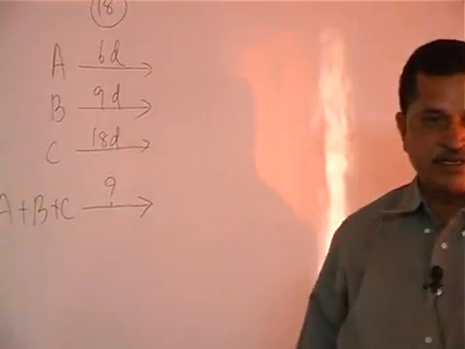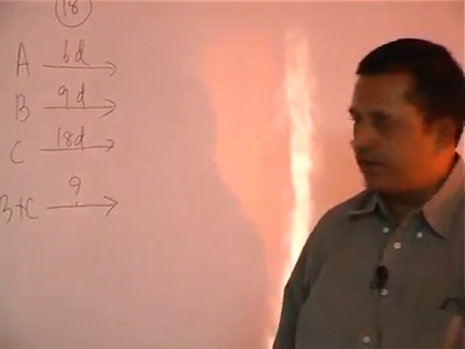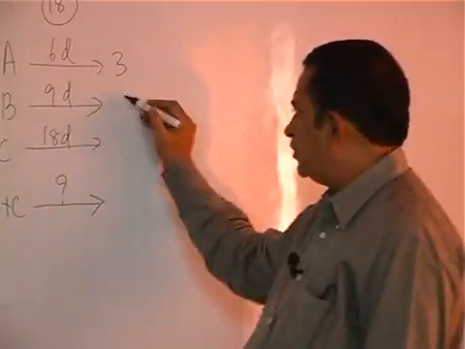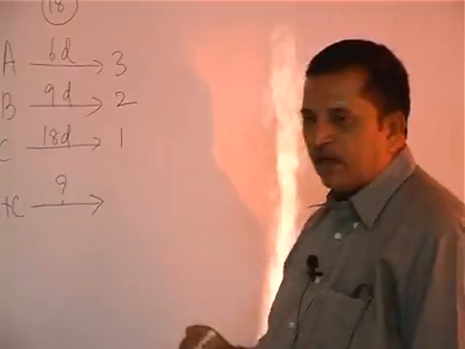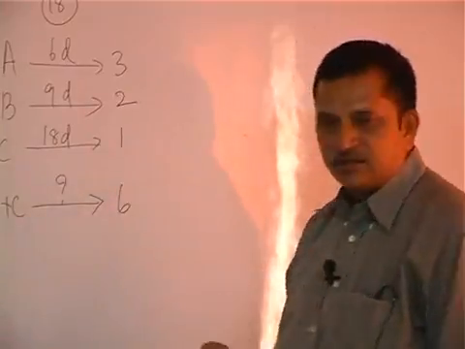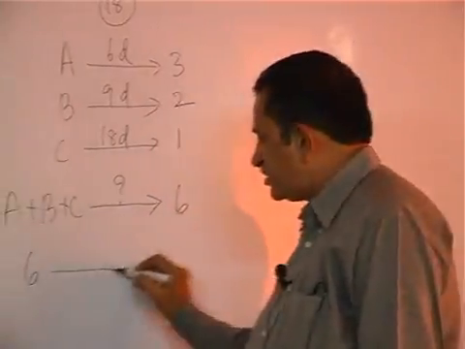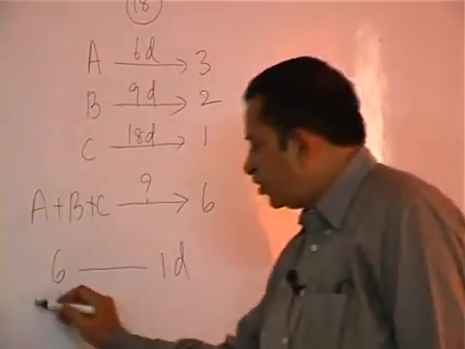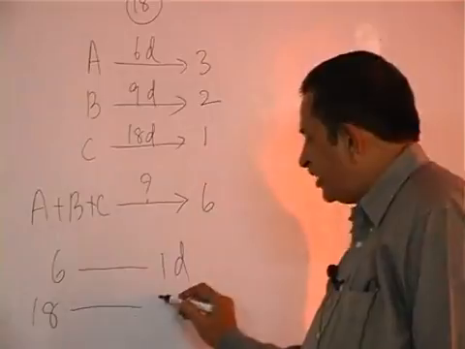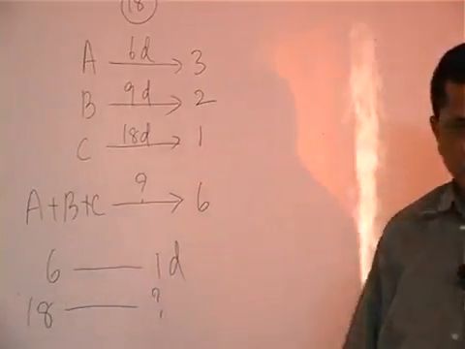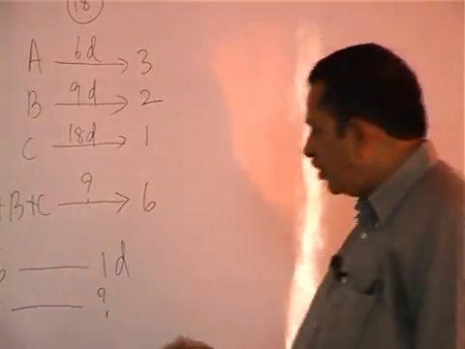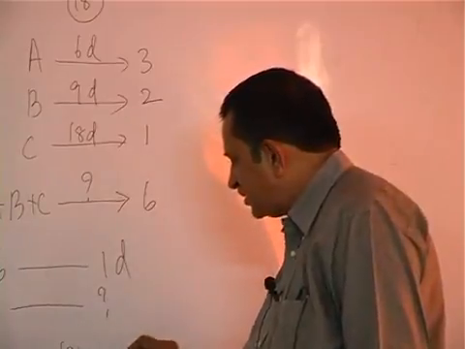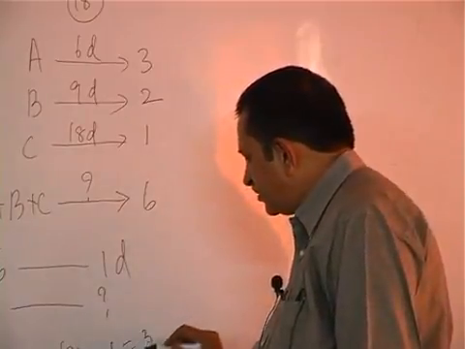Total work is considered to be 18 units. A, 3 units. B, 2 units. C, 1 unit. All three together do 6 units, so 1 day is required. To do the total work, that is 18 units, how many days are required? More number of days are required. More by less into 1, that is 3 days.